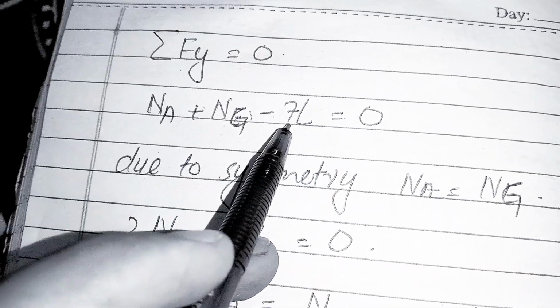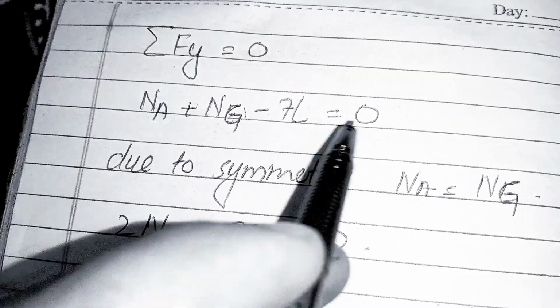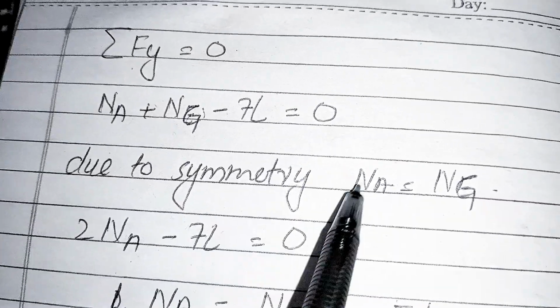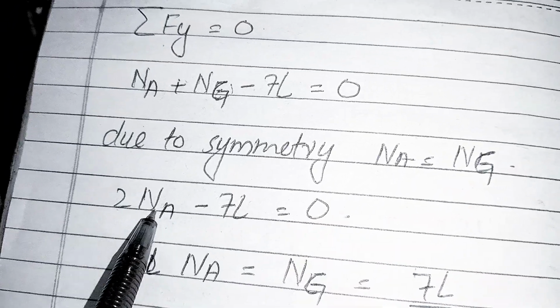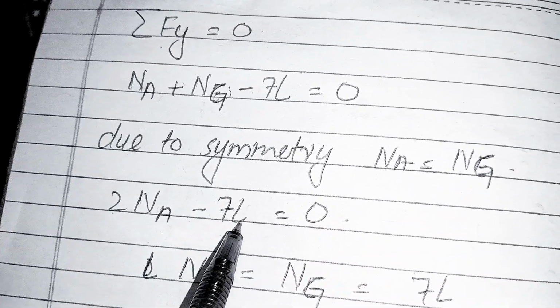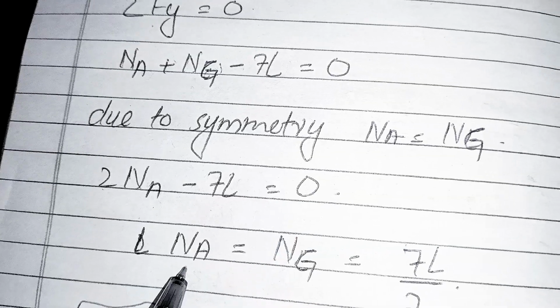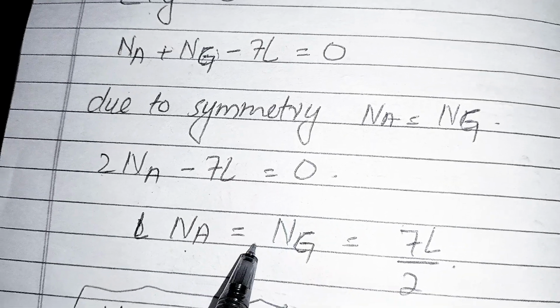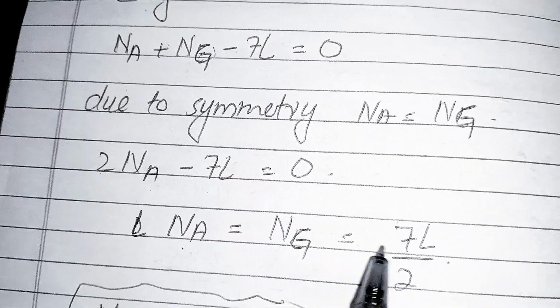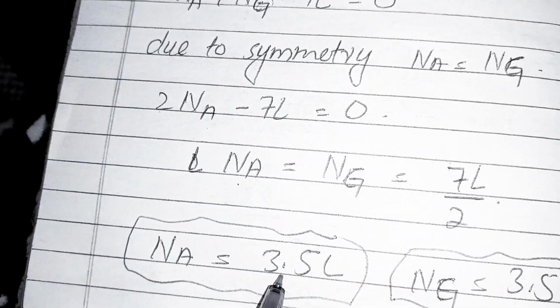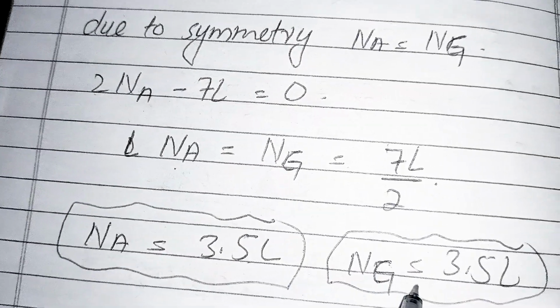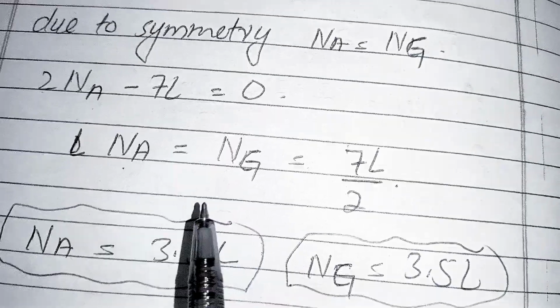Due to symmetry, Na equals Ng, so 2Na minus 7L equals 0. So Na will equal Ng equal 7L divided by 2, so Na will equal 3.5L and Ng will also equal 3.5L.